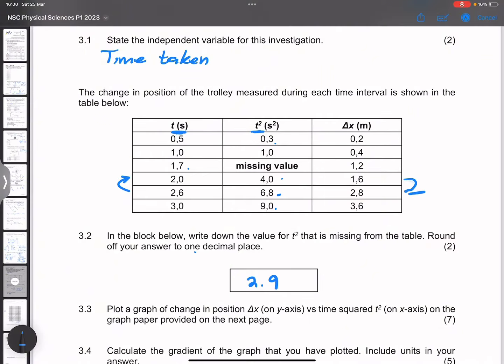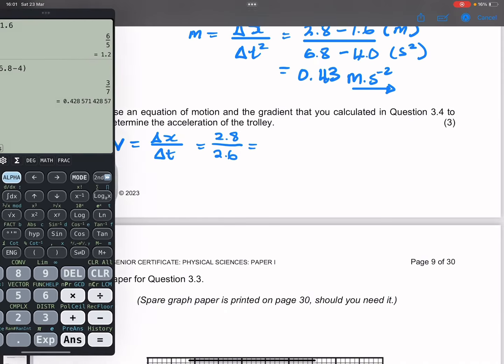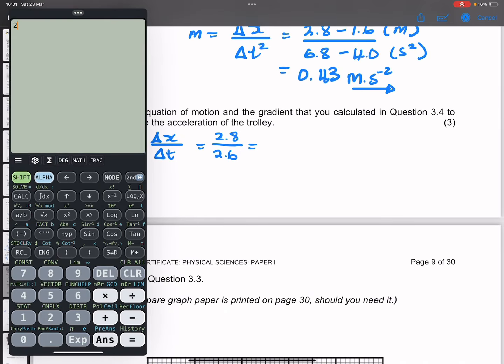Divided by time. So in this case, change in position was 2.8 when the change in time was 2.6. So I'm going to say this is 2.8 divided by 2.6. Okay, what's that velocity there? I get a velocity of 1.08 meters per second.